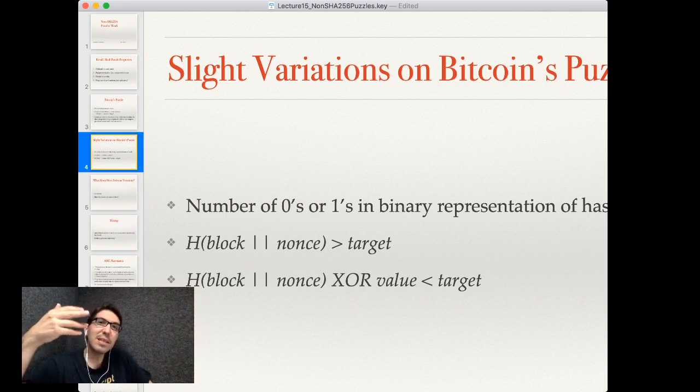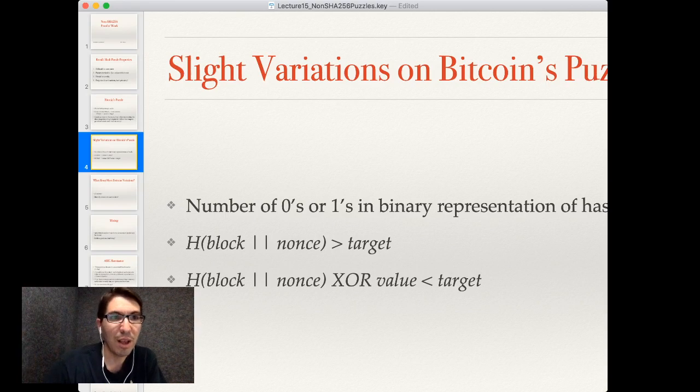So we can make these slight variations, but then the question is, why would we want to? What benefit does it give us really to try to create something larger than a target value instead of smaller than a target value?